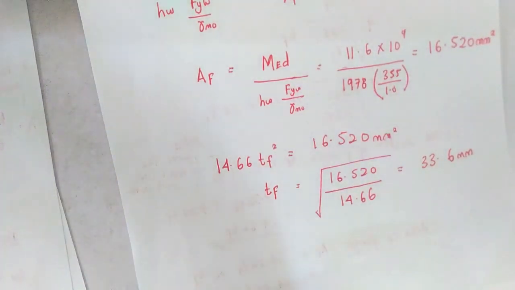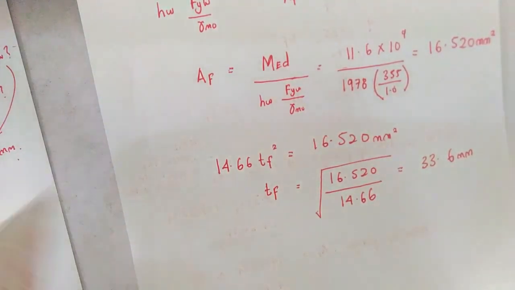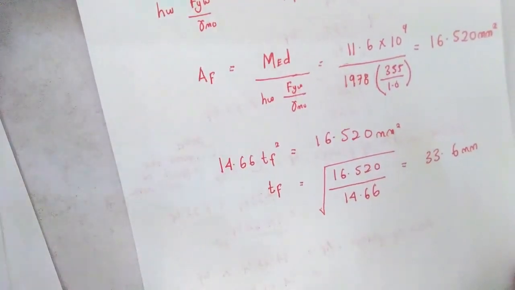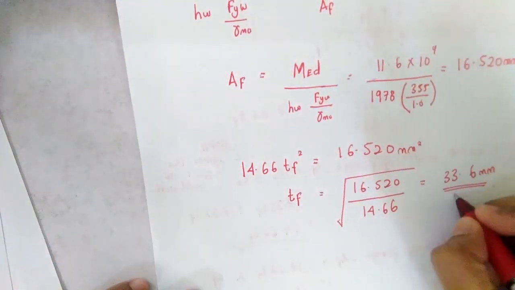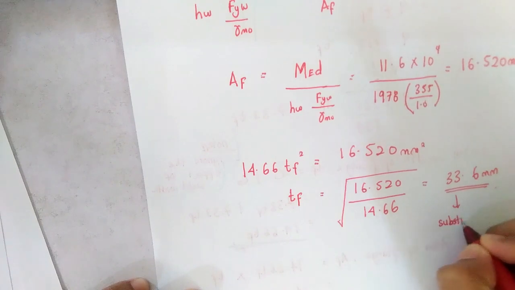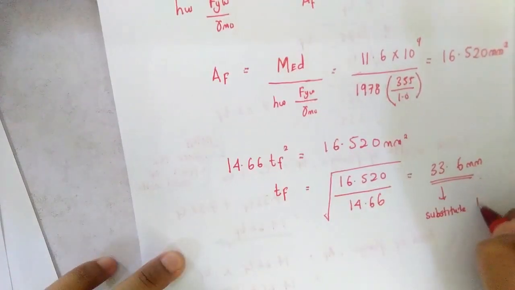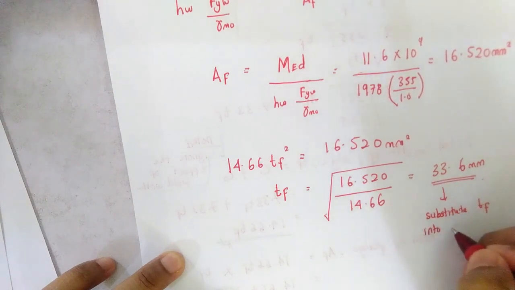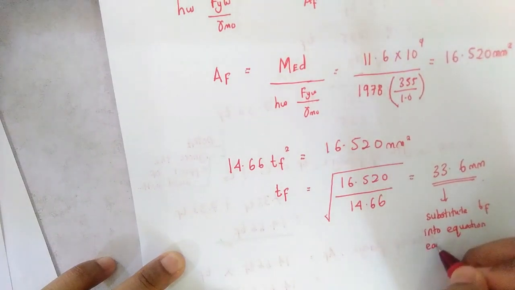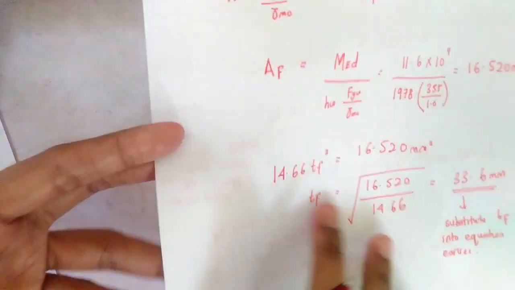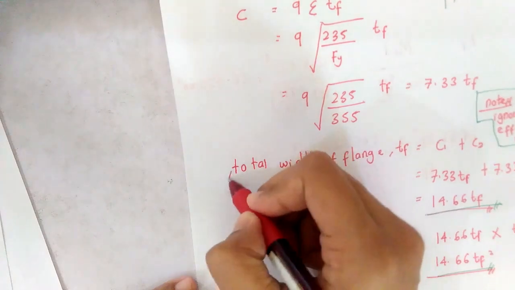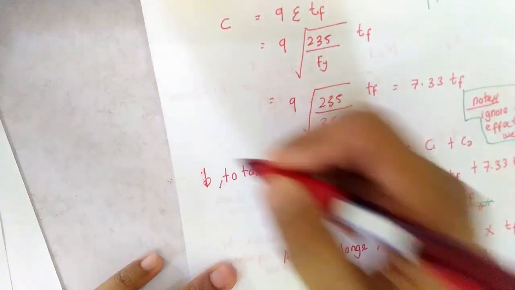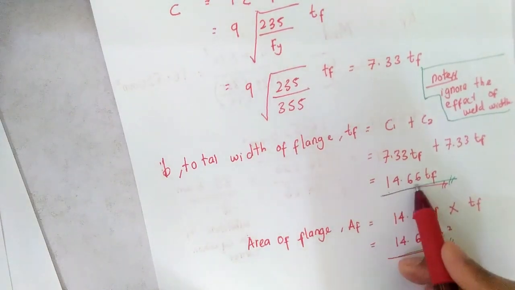Once you get your thickness of flange of 33.6 mm, you can substitute this value into the earlier equation. In the earlier equation, the total width of flange, B, is 14.66 TF.